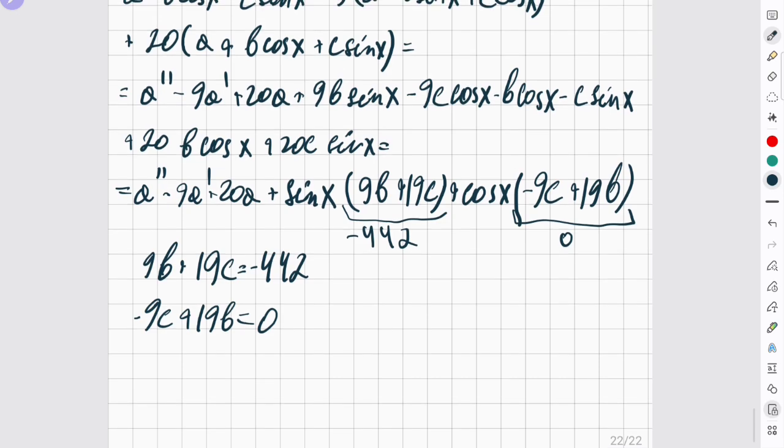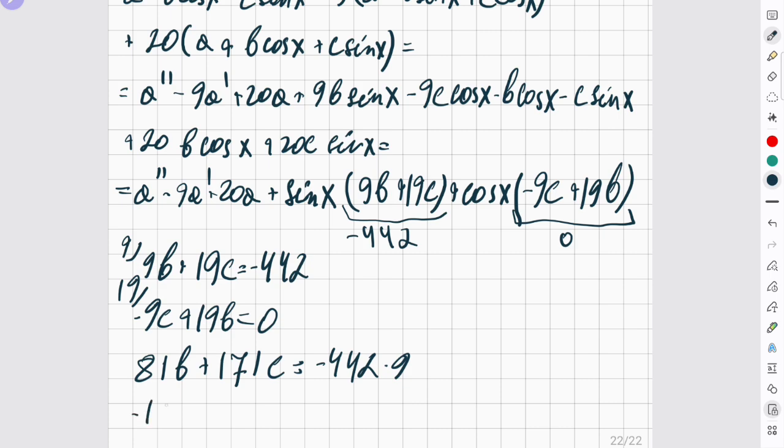Okay, let's just multiply this part by 9 and this part by 19. In the end we will get 81b plus 171c is equal to minus 442 times 9, and in the other equation we will get negative 171c plus 361b is equal to 0.